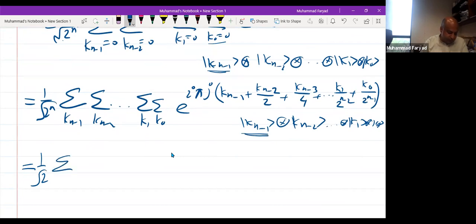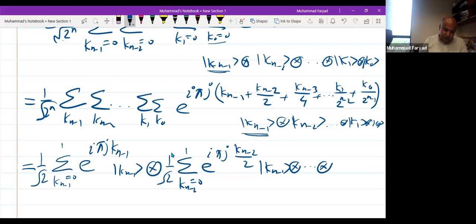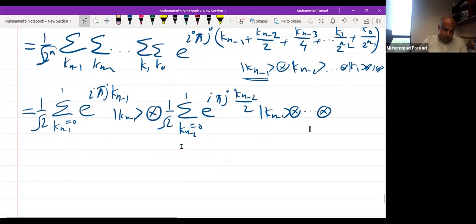So this is sum over kn minus 1 from 0 to 1 exponential iota pi j kn minus 1, kn minus 1, tensor 1 over square root 2 sum over kn minus 2 from 0 to 1 exponential iota pi j kn minus 2 over 2, kn minus 2, tensor all the way to, let's write these terms here.